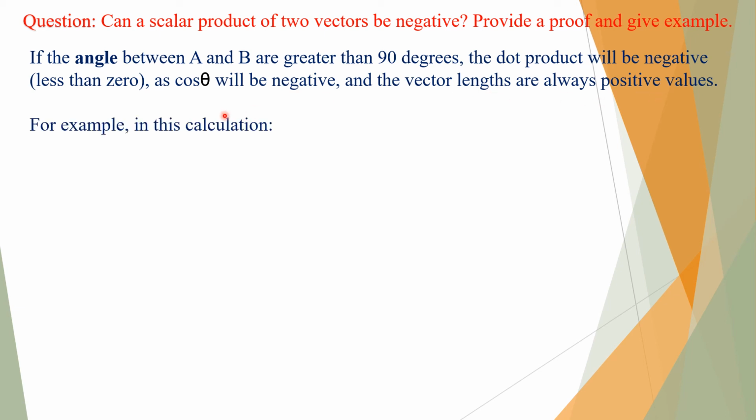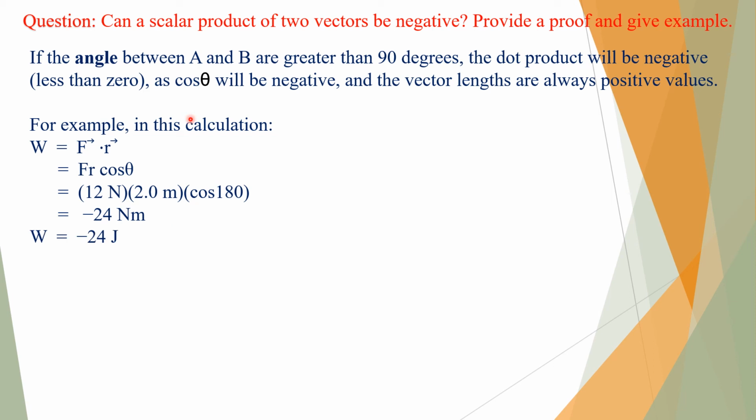For example, work done is equal to F dot R, that is equal to F R cos theta. Putting the value of F as 12 Newton, R as 2 meter and theta as 180 degree, we get work done is equal to minus 24 Newton meter, that is equal to minus 24 joules.